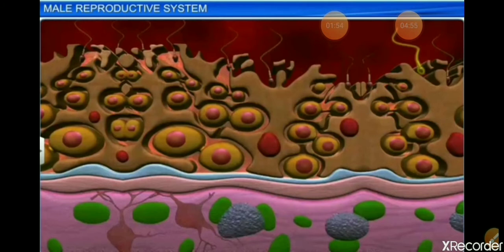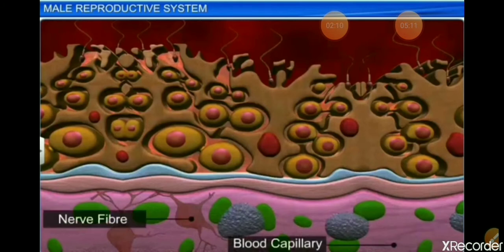That pink colored portion is blood capillaries and nerve fibers, and you can also see the green colored globular cell-like structures at the base. Those cells are called Leydig cells.